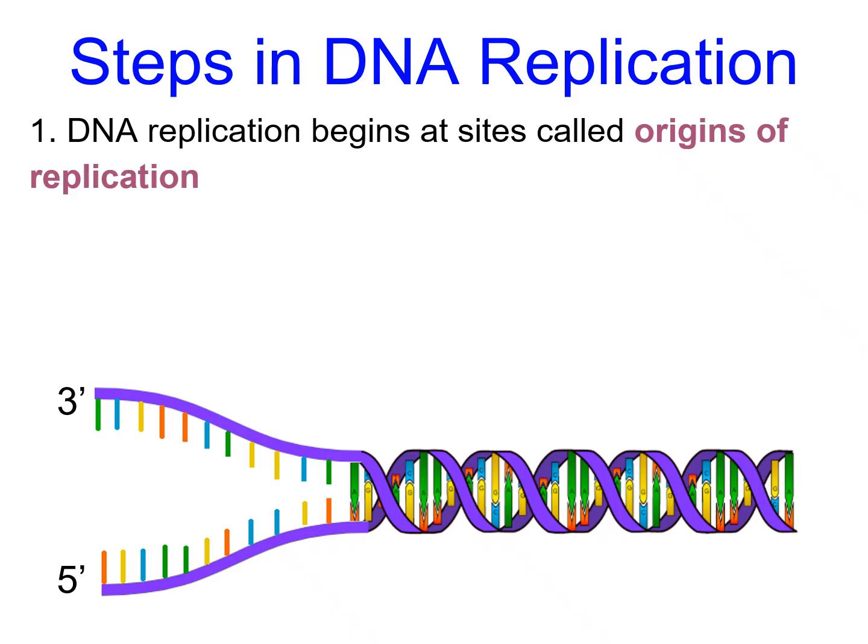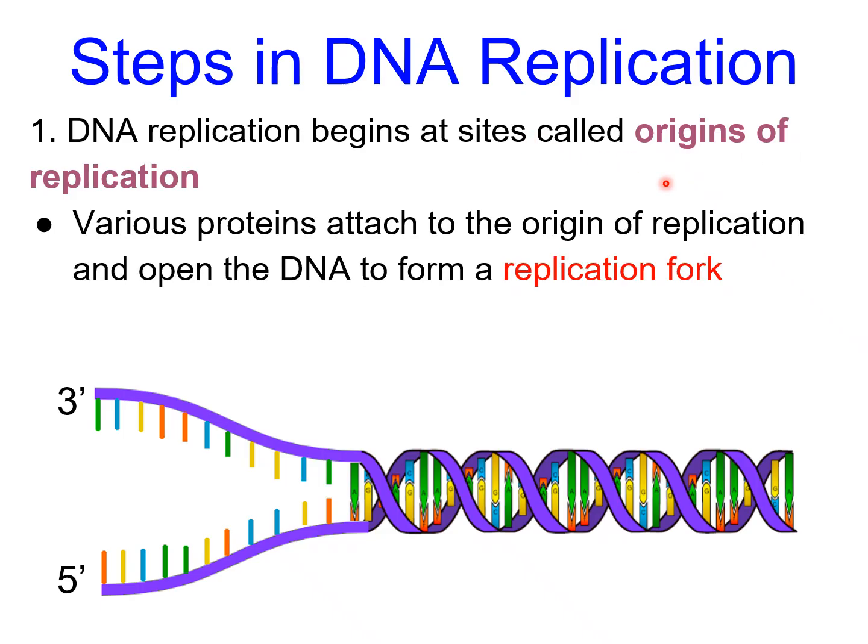Step one, DNA replication begins at a place called the origin of replication. Wherever DNA starts to build that newly synthesized strand, we call that the origin of replication. In order for this origin of replication to be established, various proteins play a role, and those proteins are responsible for opening or unzipping the double helical structure.